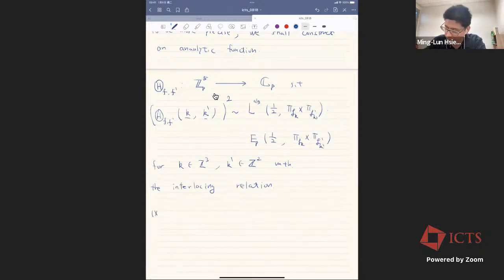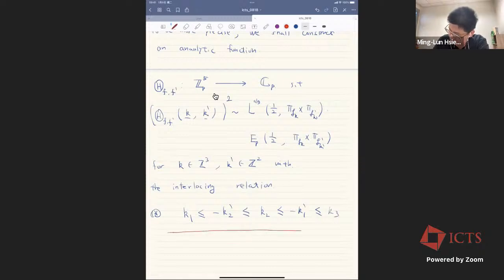This relation is given as follows: k1 ≤ -k2' ≤ k2 ≤ -k1' ≤ k3. So this p-adic L-function interpolates a square root of central values for (k, k') with the interlacing relation defined by this star.